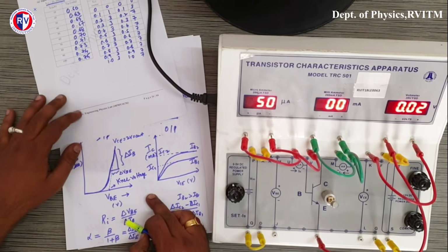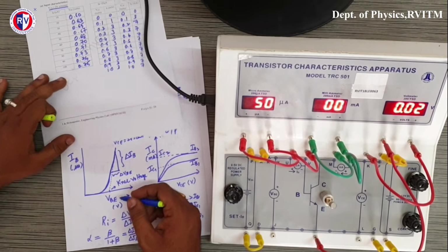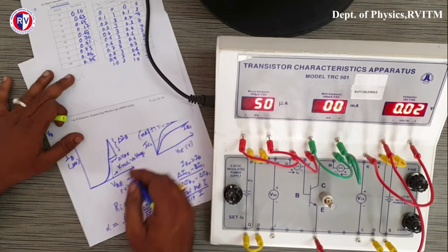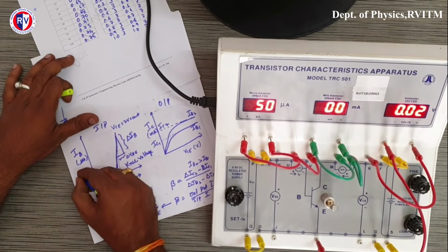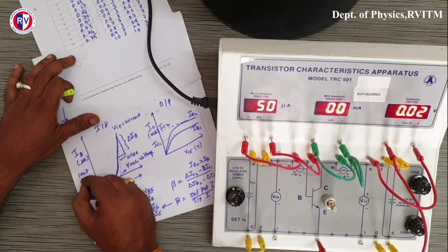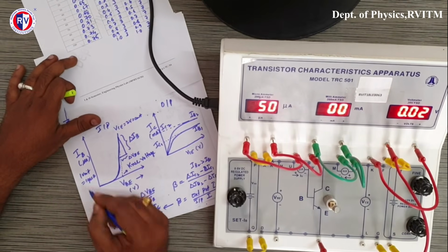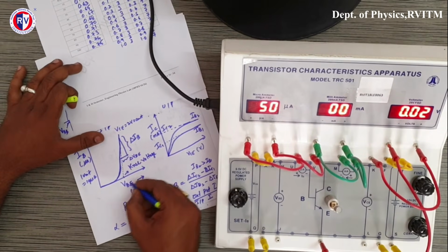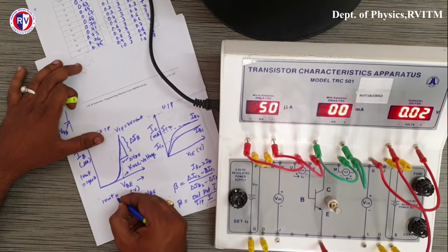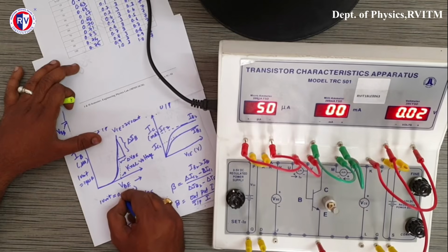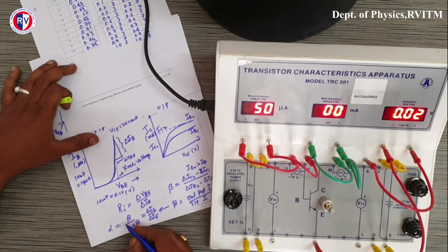You can consider any scale. Along the y axis, 1 unit can be equal to 10 microampere, and along the x axis, 1 unit can be equal to 0.1 volts.